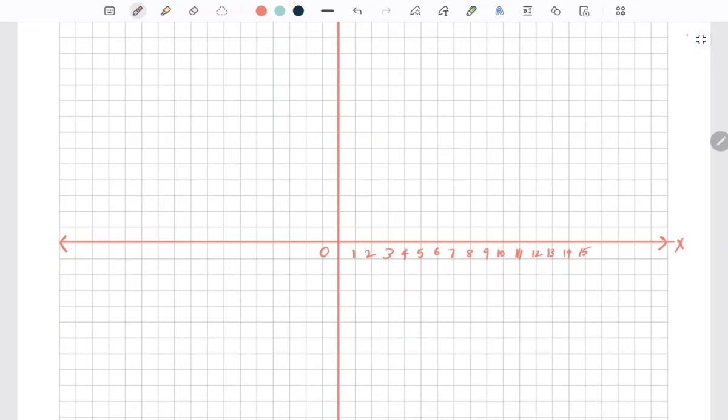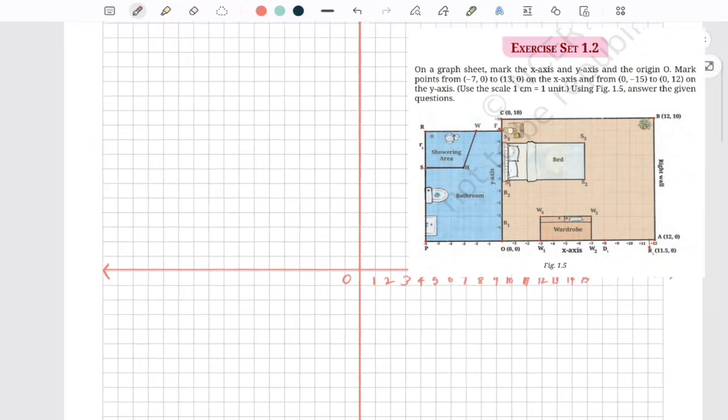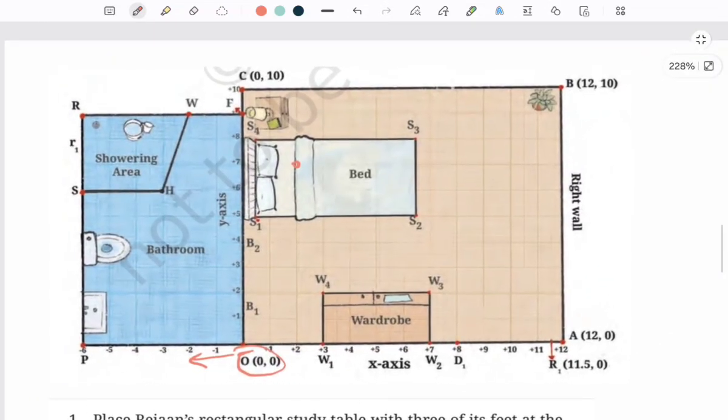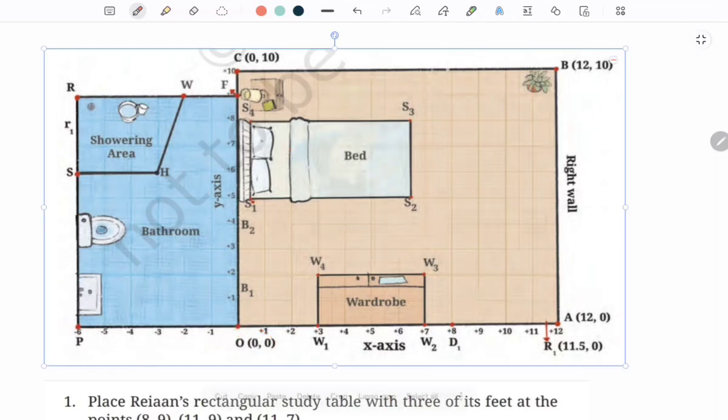Yeah, we will start exercise 1.2. So given that we have a graph sheet, mark the x-axis and y-axis on the origin. So yeah, here is the table. This is 8, 9, 11, 9, 11, 7.